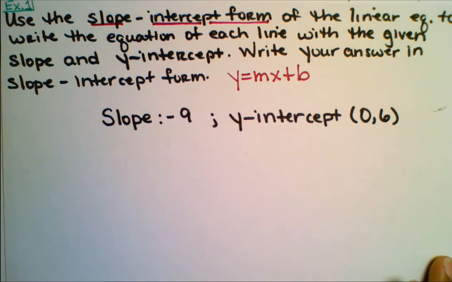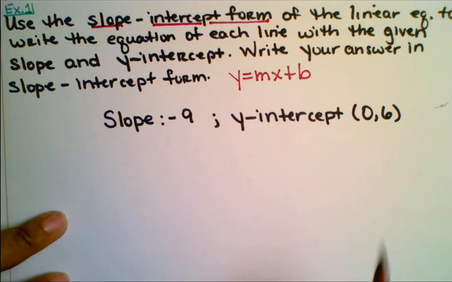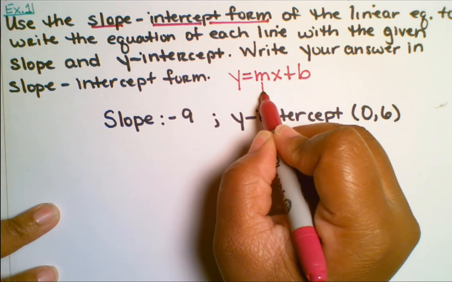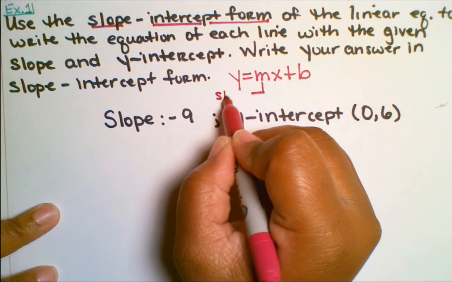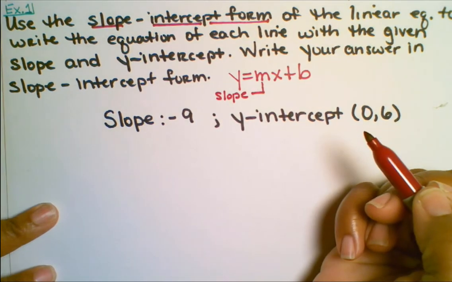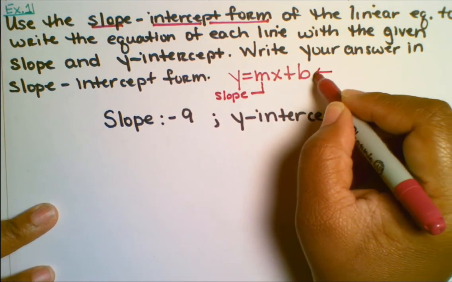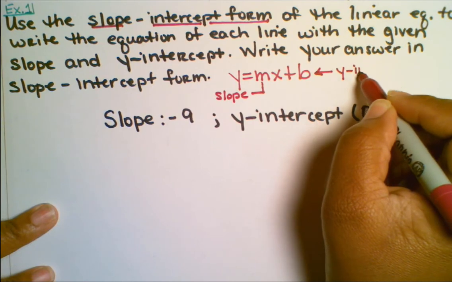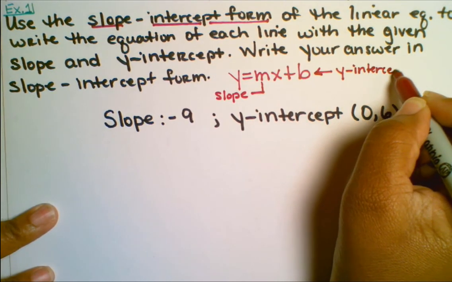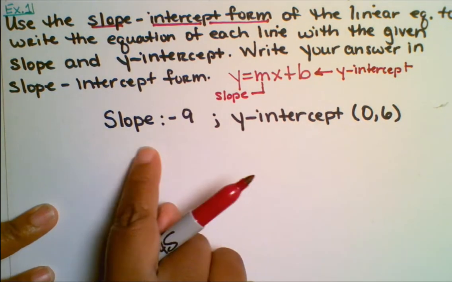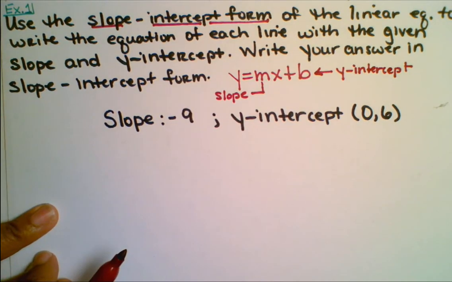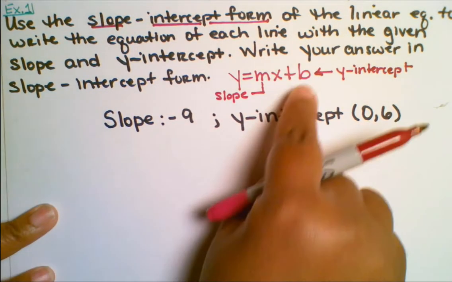So what's important with the slope-intercept formula? The slope, which is the variable m, and then the y-intercept, which is the variable b. We have all of the information that we need to substitute into this formula here.